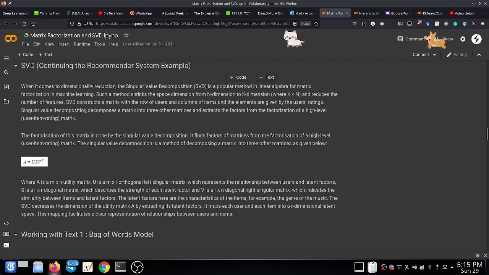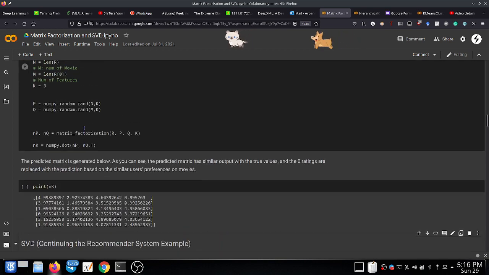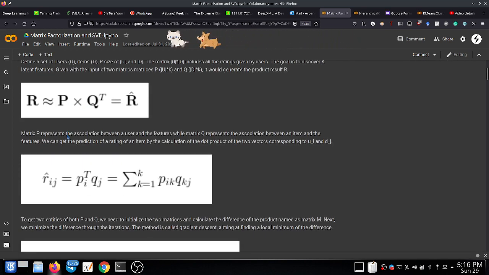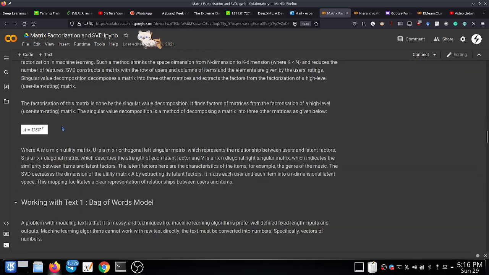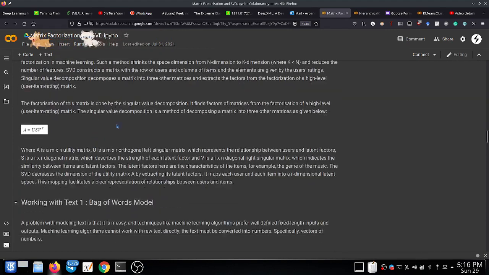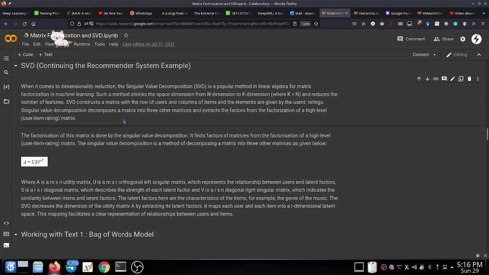So now we will talk about SVD. Here we were decomposing into two matrices, P and Q. However, there is another way to do it, which is to perform singular value decomposition. I am hoping you have seen what SVD is and how it works.